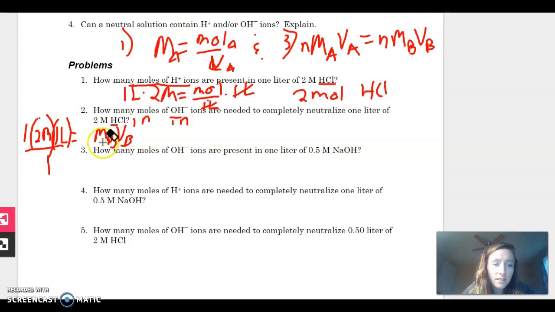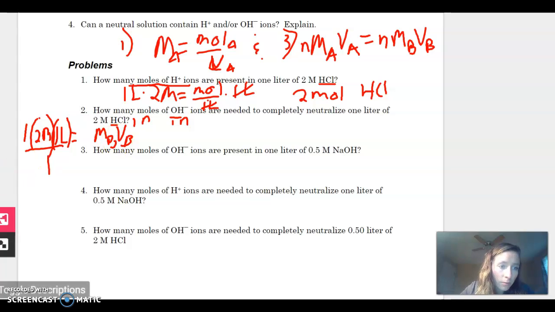Now, this is where you have to understand how equation 1 works. If you have M times V, that is equal to moles of something. So M, the molarity of the base, times the volume of the base, is equal to the moles of the base.